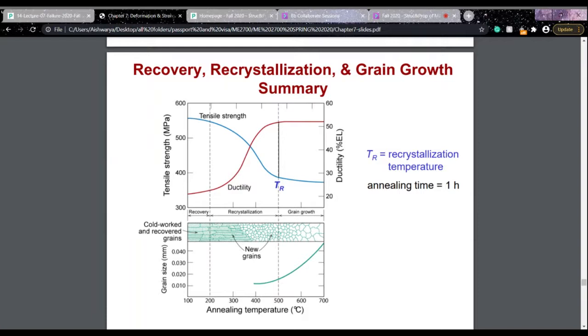So the recrystallization temperature is the temperature at which this microstructure can be completely replaced when treated for 1 hour. This recrystallization temperature will be about 0.4 to 0.7 times the melting temperature.